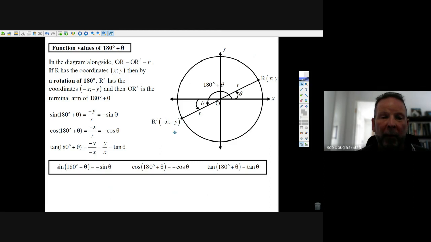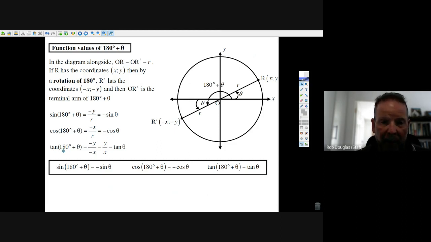We're in the third quadrant, and we know sine is negative down there. So the sine of 180 plus an angle, and that puts us into the third quadrant, is the negative of the sine of theta, because sine's negative down there, minus y over r. The cosine of 180 plus is also negative. Cosine is negative in the third quadrant, minus x over r, so it's minus cos theta.